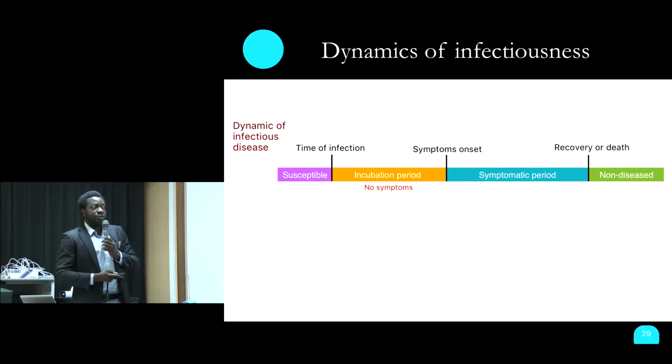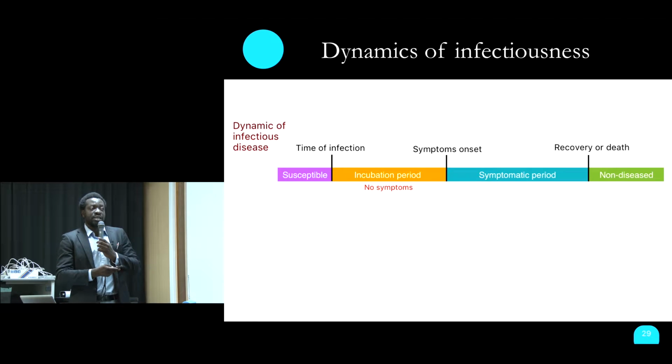Typically, for any infectious disease, we have a period where we are susceptible. We are not yet infected, so this is the susceptibility period. Once we get infected, there is a period that is called the incubation period. This is the period where the bacteria or the pathogen, whatever it is, is developing in the body.